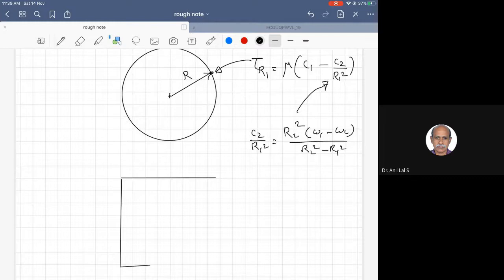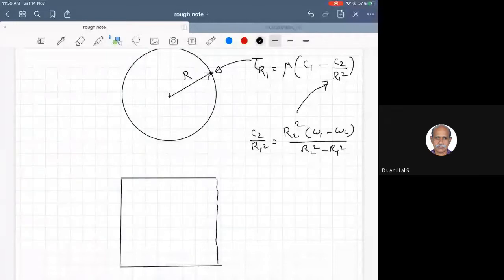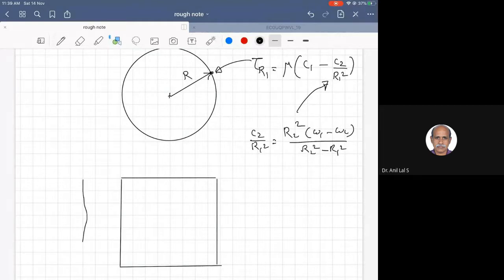The inner cylinder has a height like this. The height of the cylinder is h, and this is the wall shear stress.